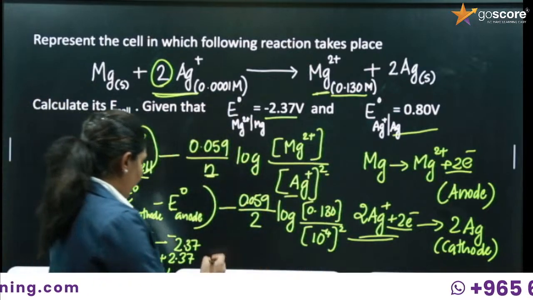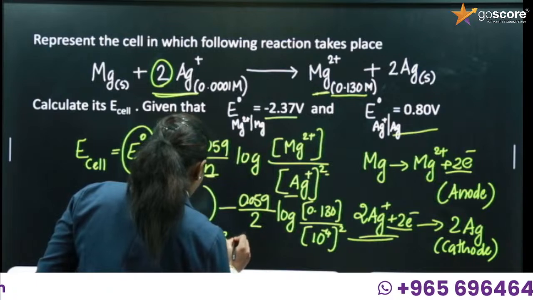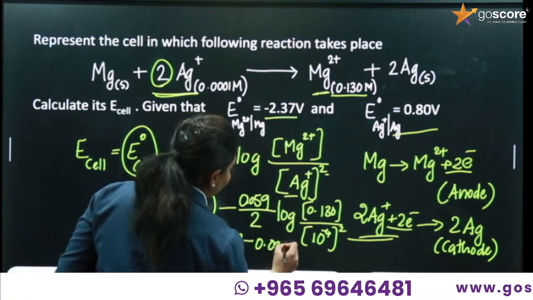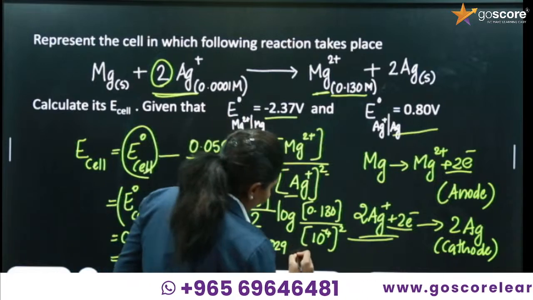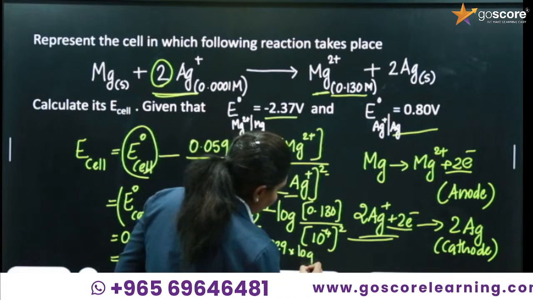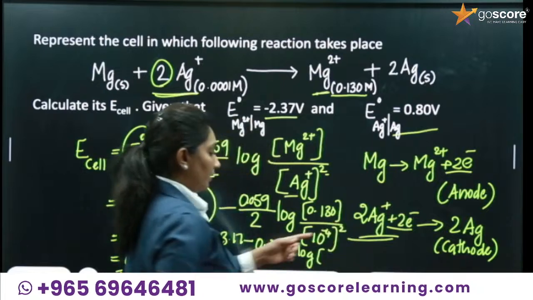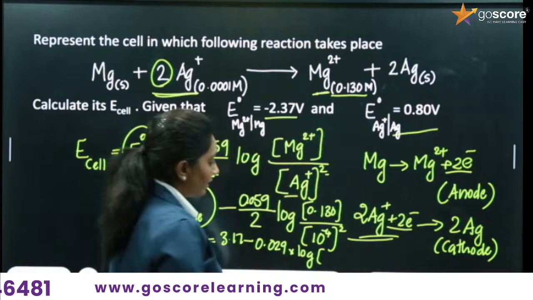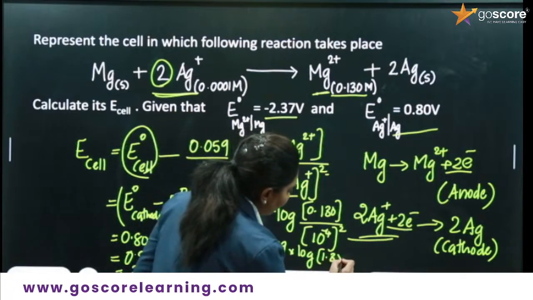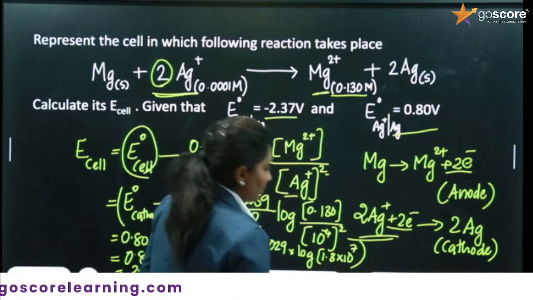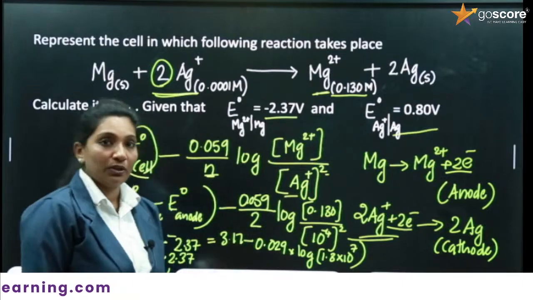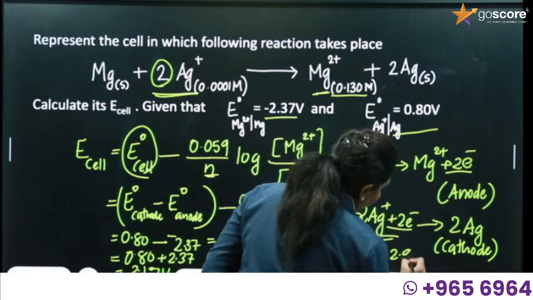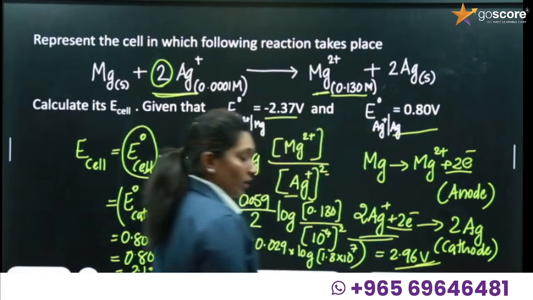So what will be your value? It will be 3.17 minus 0.0295 into log. This will be 10 to the power minus 8. Taking it to the numerator, 10 to the power 8, I can write that as 1.3 into 10 raised to 7, right? By doing the calculation, you will get the value as 2.96 volt as your answer.